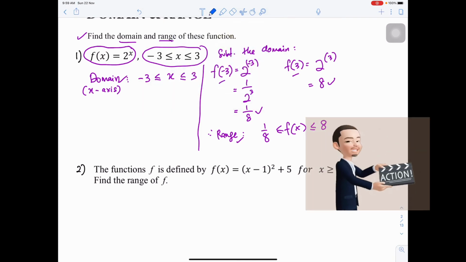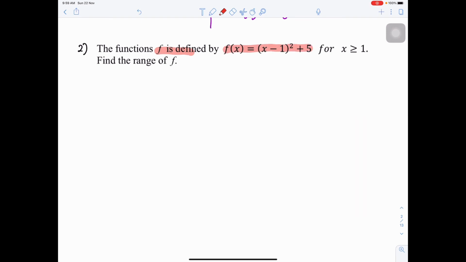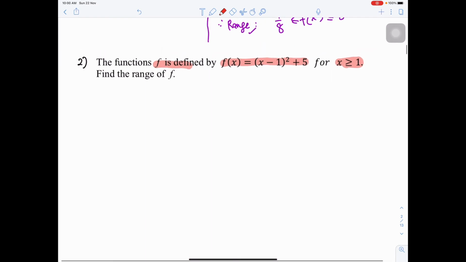The second one: the function f is defined by f(x) equals this function, for x greater than or equal to 1. Find the range and domain. We state the domain also: the domain is on the x-axis, x greater than or equal to 1.